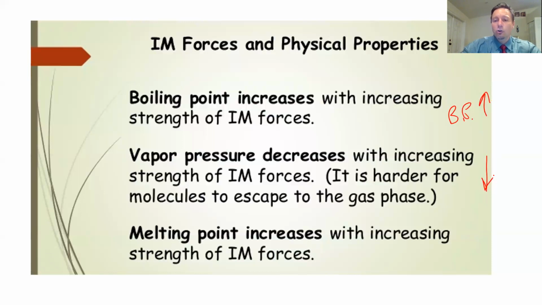Vapor pressure decreases with increase in attractions. And then the melting point, with increased strength, the melting point increases. So strong attractions, think of a solid, strong attractions, their melting point is typically high. So those are intermolecular forces and some physical properties.